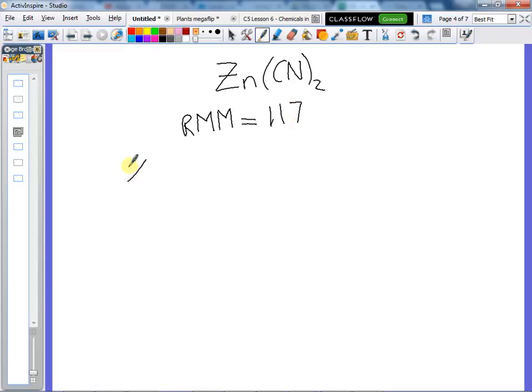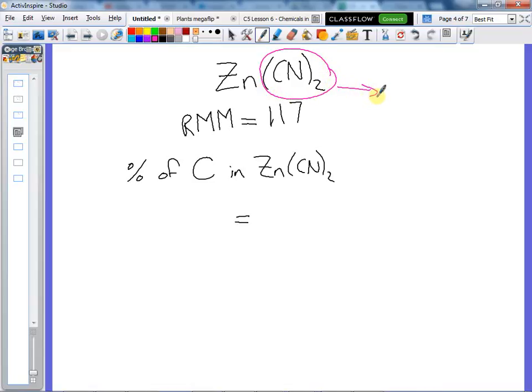If I want to know the percent of carbon in zinc cyanide, this section here means we have 2 carbons, and the atomic mass of carbon is 12, but there's 2 of them, so it's 24 divided by the molecular mass of 117 times 100%, and that equals 20.5%.